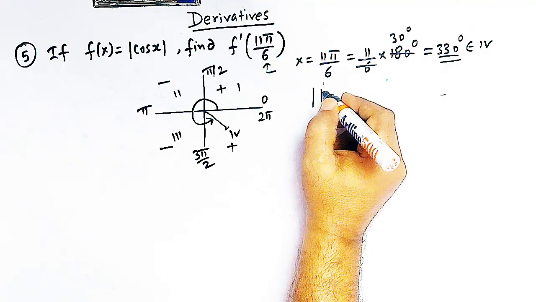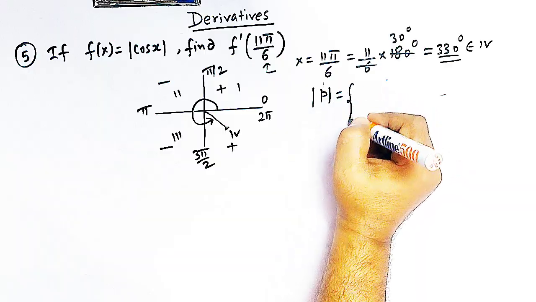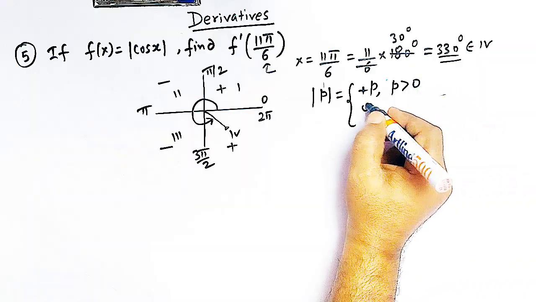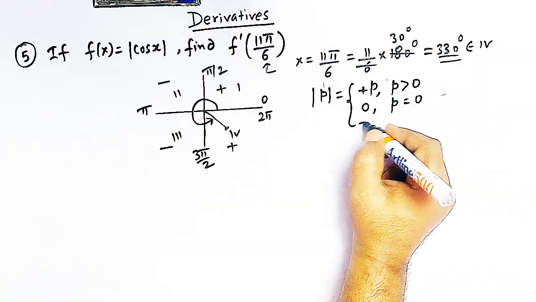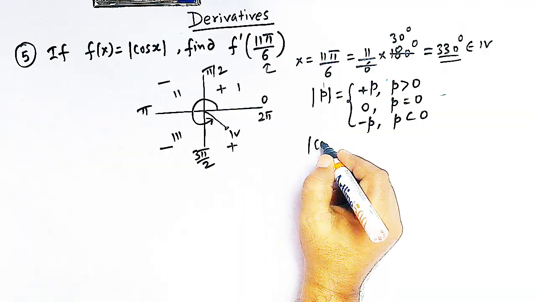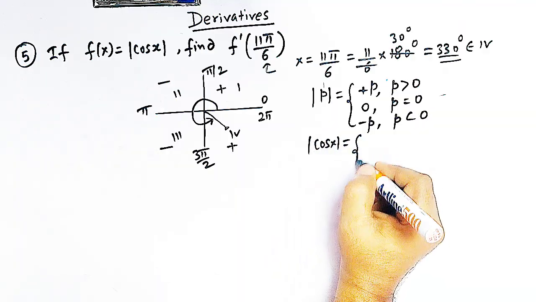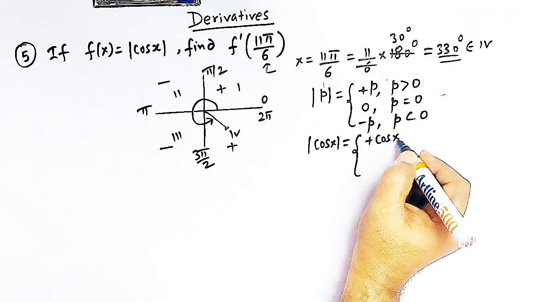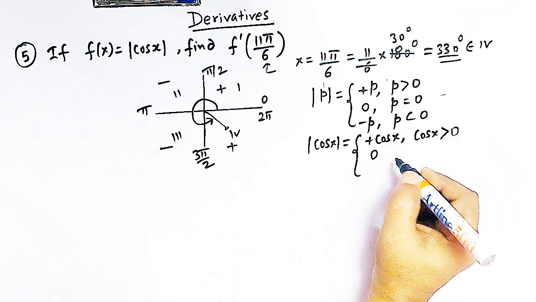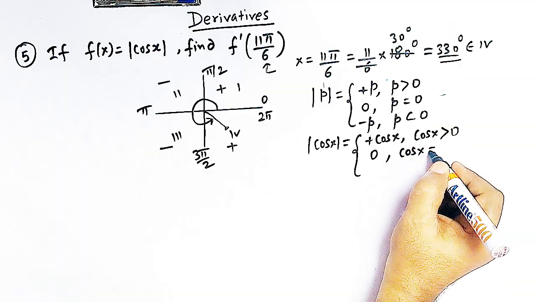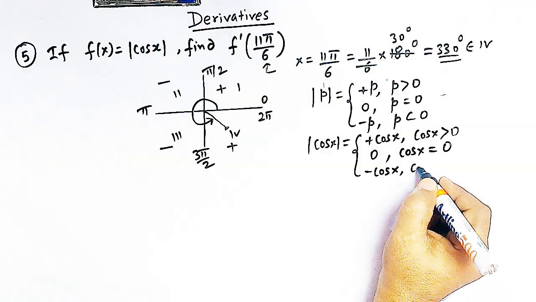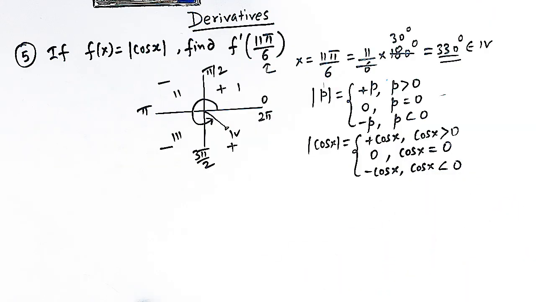So according to the definition of mod function, we can write mod of p as positive p when p is greater than 0, 0 when p is 0, and negative p when p is less than 0. So mod of cosine x is defined as positive cosine x whenever cosine x is greater than 0, 0 when cosine x is equal to 0, and negative of cosine x when cosine x is less than 0, right?